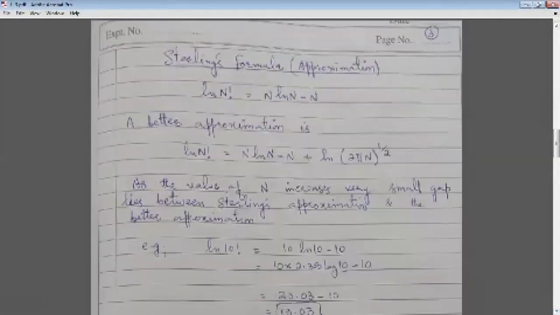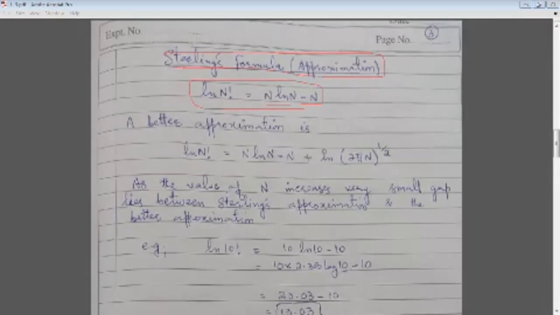Now, another important topic is called Stirling's formula, or Stirling's approximation. You know, the natural logarithm of n factorial is basically equal to n ln n minus n.